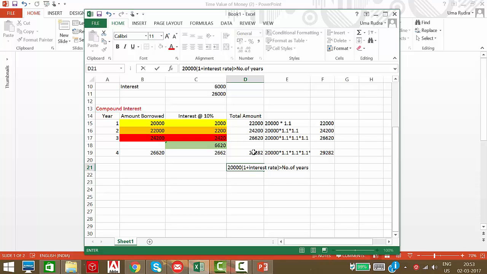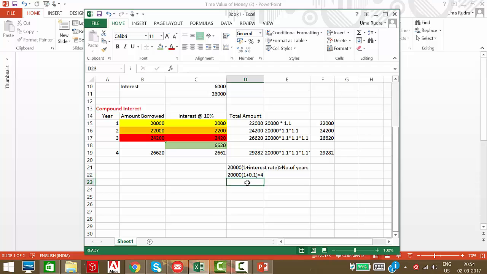Clear? Like original principal 20,000 into 1 plus the interest rate of 10%, which is 0.1, to the power of, say, the fourth year, 4.